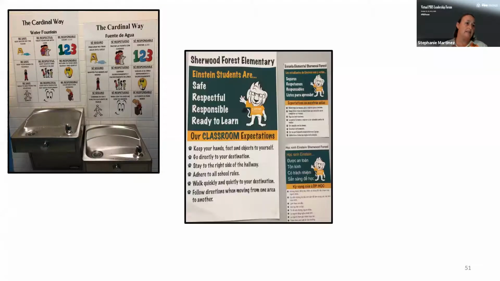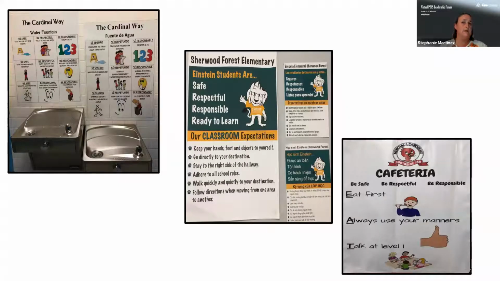Here are some other examples of what those look like. And so here are some different settings. We've got the water fountain, we've got classrooms, and we have cafeteria. One of the things that we talk about in Florida with the classroom is that we want to give some autonomy to the teachers because, you know, we teach different grade levels, we teach different content areas, we have different learning styles.